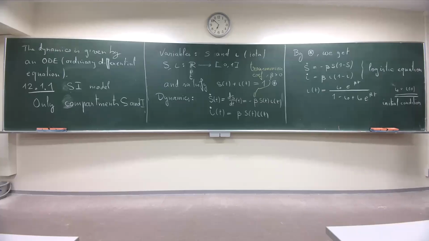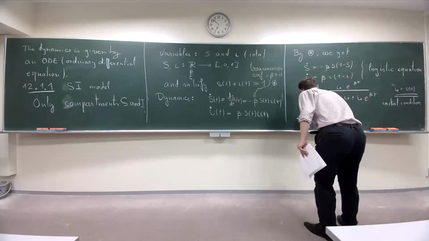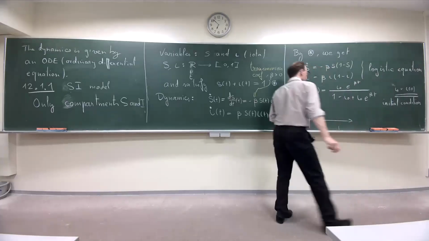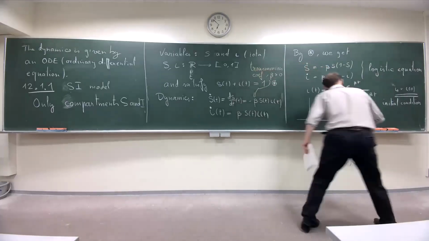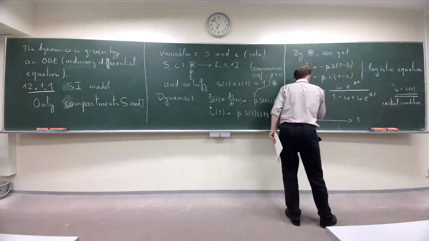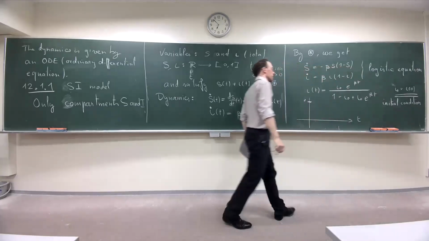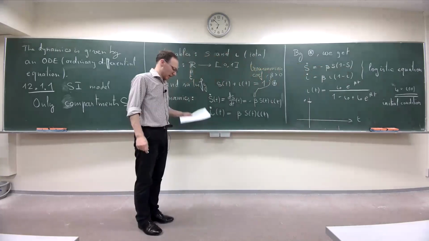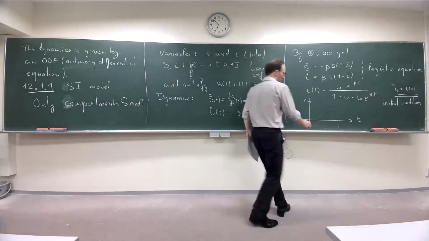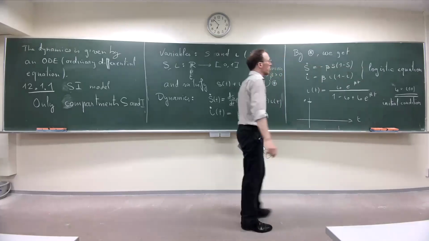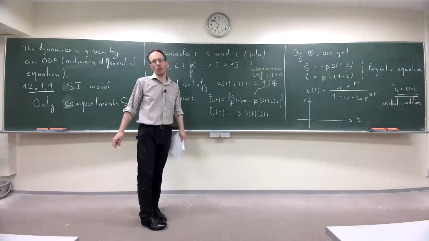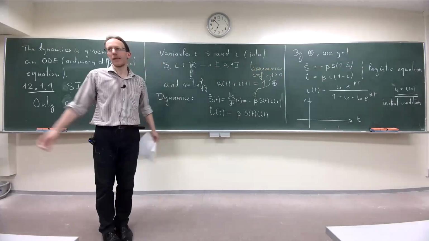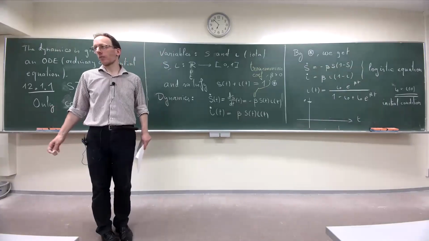And you can even plot this function as a function of t. Of course, it has to be within the interval 0, 1. If your initial condition is 0, nothing is going to happen.